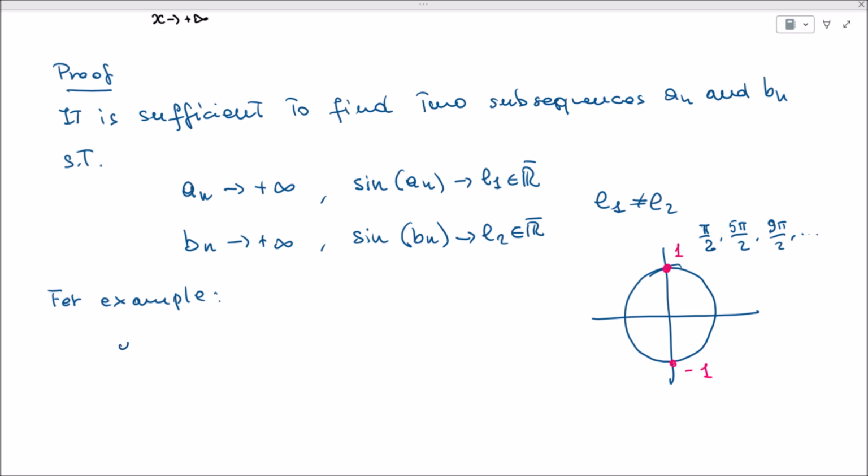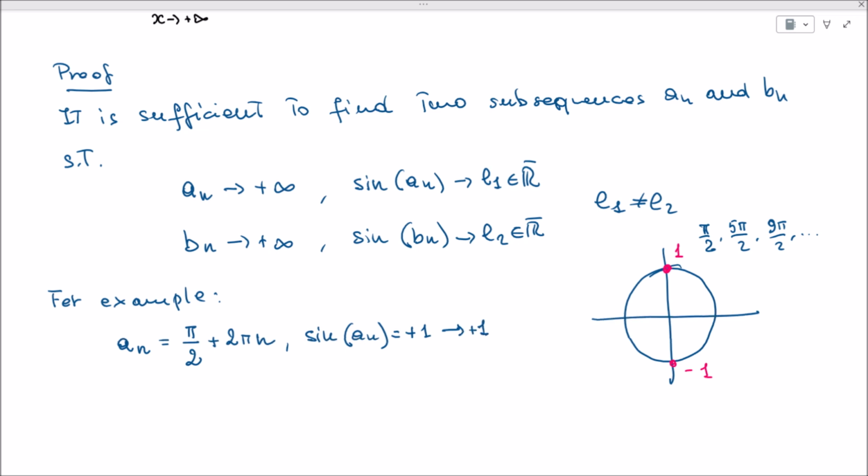So we can say that if an is equal to pi over 2 plus 2 pi n, well, this sequence is such that the sine of an is constantly equal to plus 1, so clearly this will tend to plus 1.